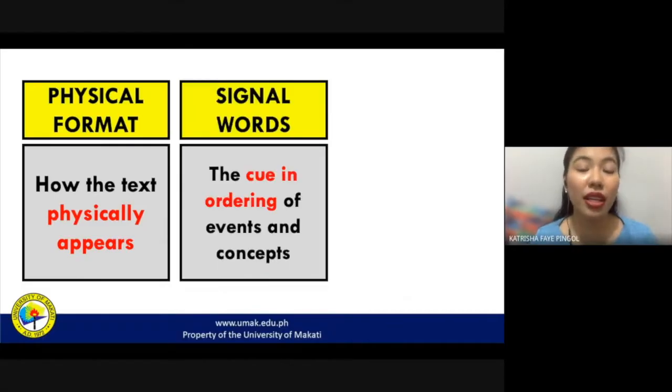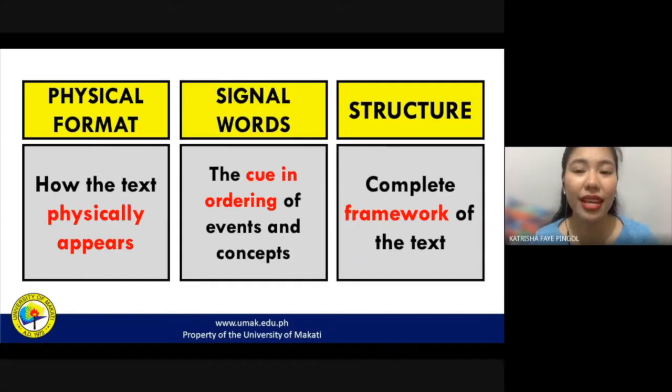The second one is signal words. Signal words are simply words that help you transition from one idea to another. Or signal words could be words that serve as cue for you to understand the next idea. So it's the cue and ordering of events and concepts or ideas in your text. Next, you can also look at the structure. It could be the complete framework of the text.